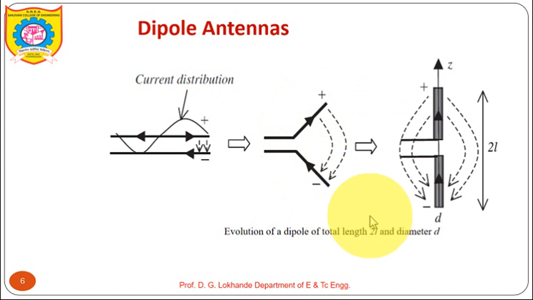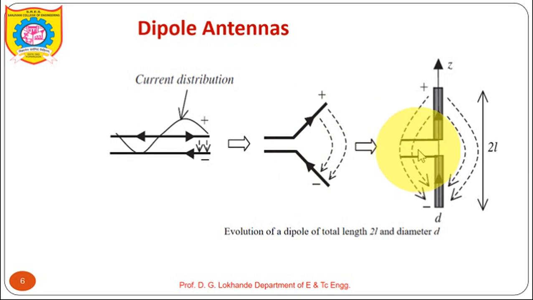In a flared structure, the fields radiated by the two conductors do not necessarily cancel, and the waves move from the positive charge to the negative charge. That is why radiation is possible in that case.